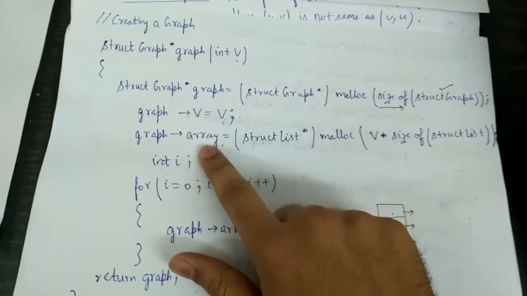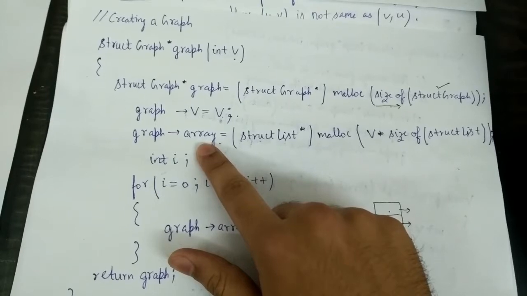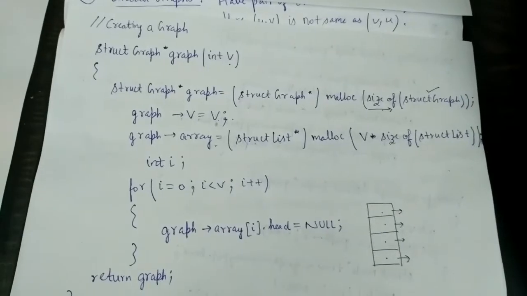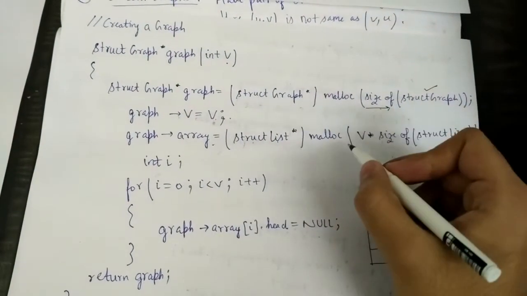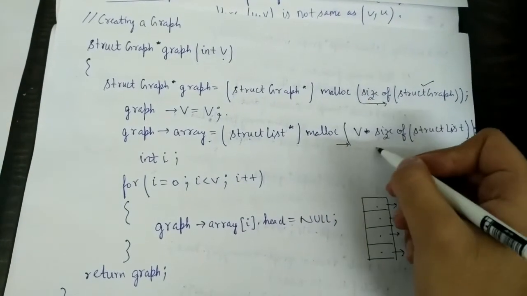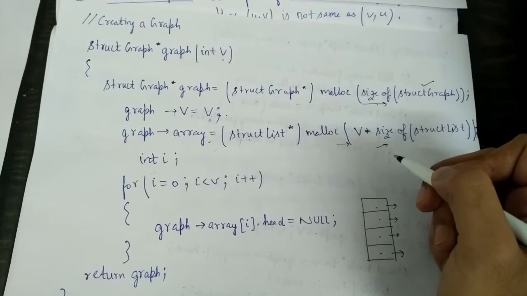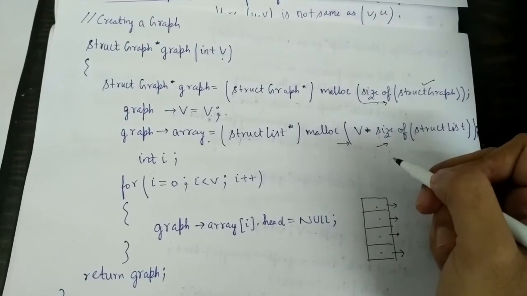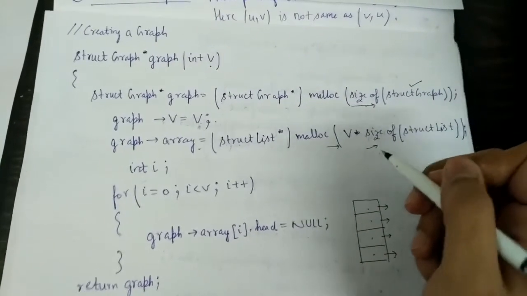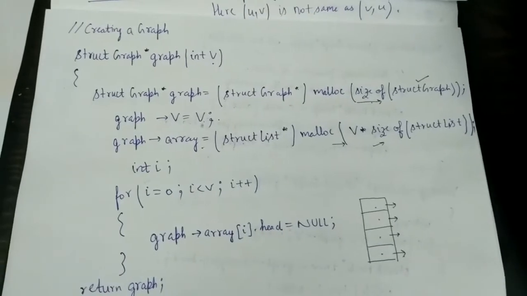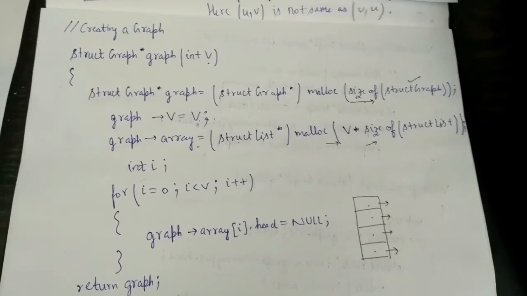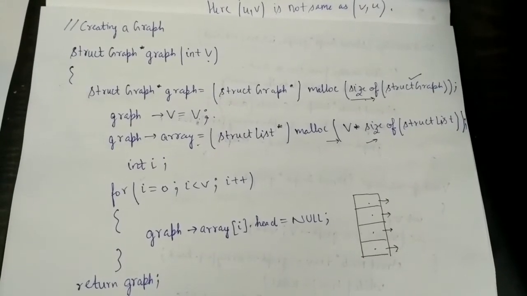and its array of adjacency lists. Now we would create an array of adjacency lists which would have the size of the number of vertices. So this line would create an array of adjacency lists, and the size of the array will be the number of vertices, that is v in this case. Now we will initialize each adjacency list as empty by making head null, because at first we don't have anything in the adjacency list.